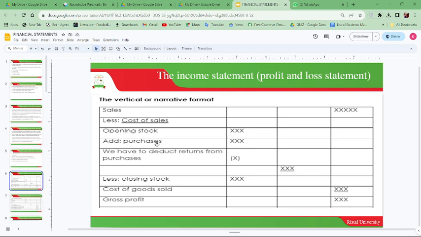So after getting the cost of goods sold, we want to get the gross profit. You get the gross profit by subtracting the cost of goods sold from the sales, to come up with the gross profit or gross loss.